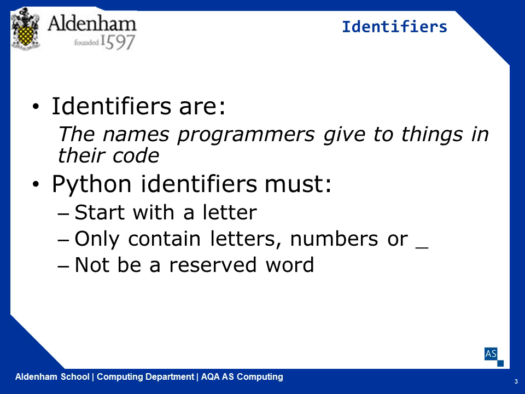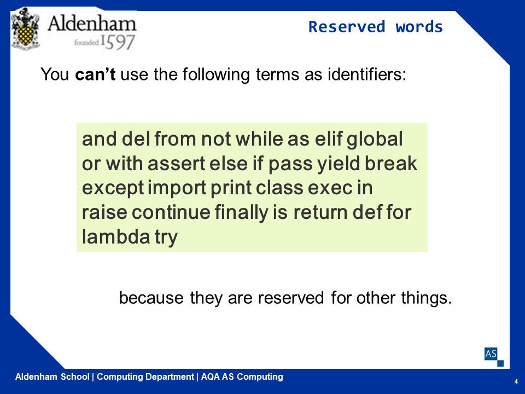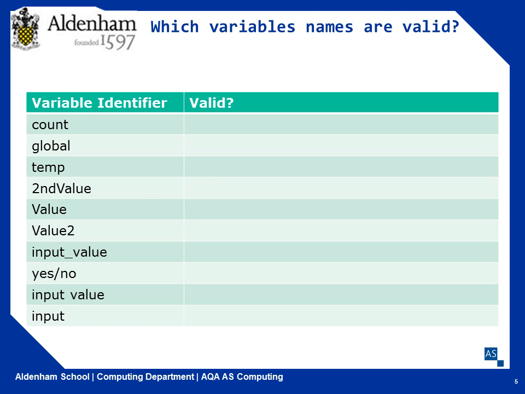It should only contain letters, numbers, or the underscore character, and it can't be a reserved word, which might be one of the following terms, or it could be inbuilt functions within Python, like print and input. These words have been reserved for other things during the running of the code.